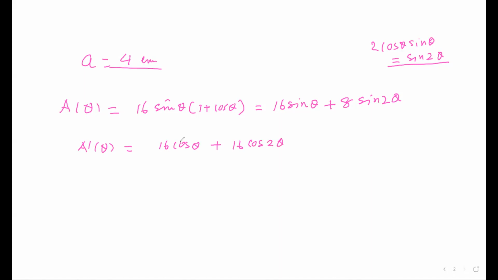And A double prime of theta equals minus 16 sin theta minus 32 sin 2 theta.